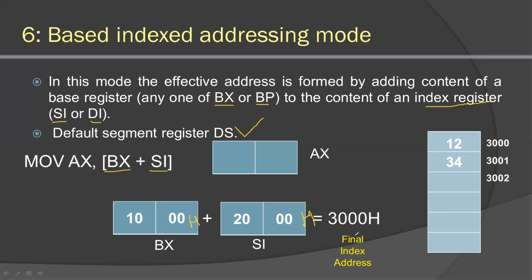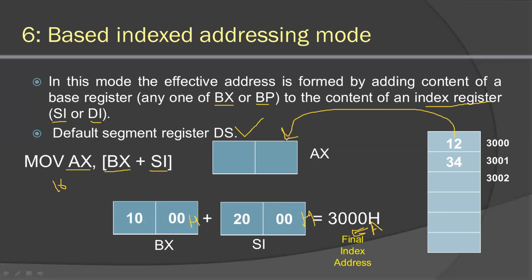So final effective address will be 3000h. Now the operand stored in 3000h will be transferred to AL, because AX is a 16-bit register, and one location is containing 8-bit of data.